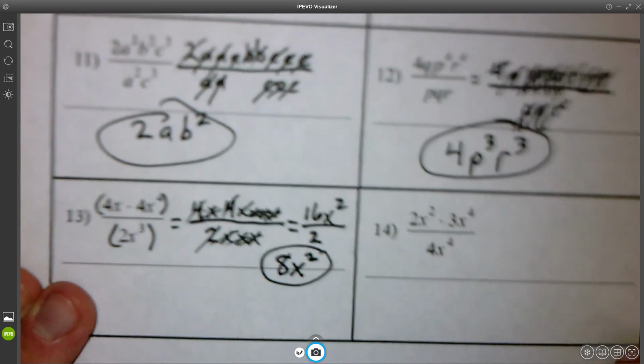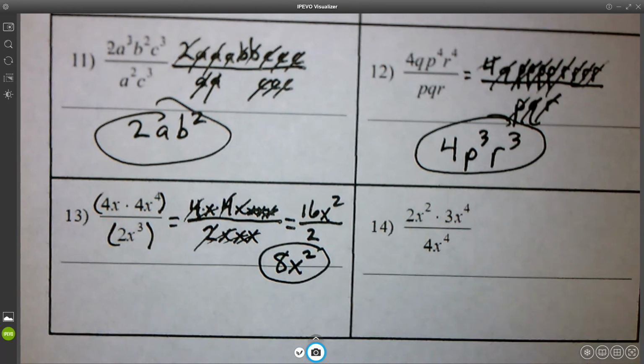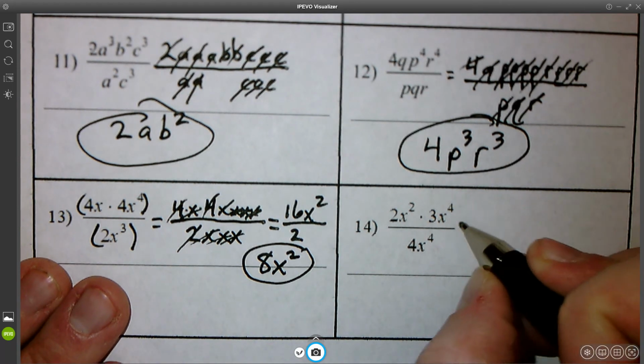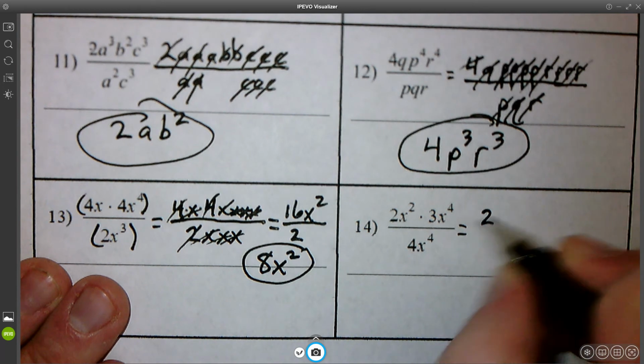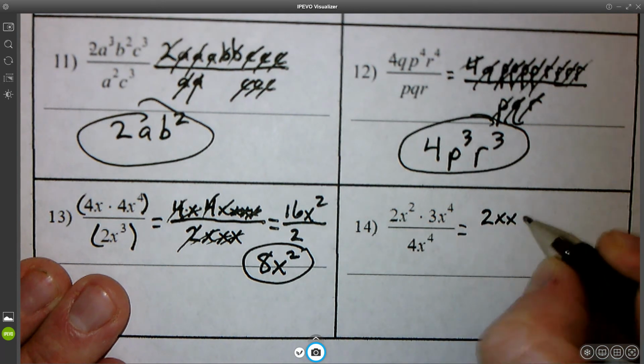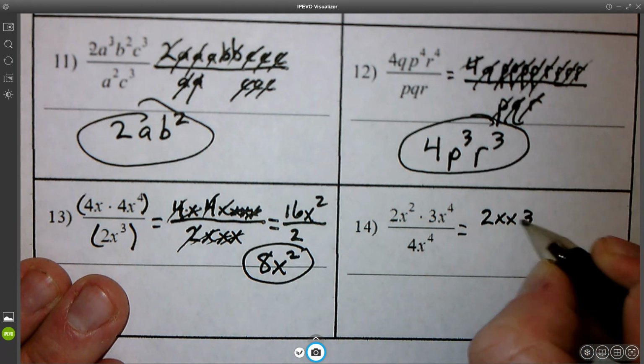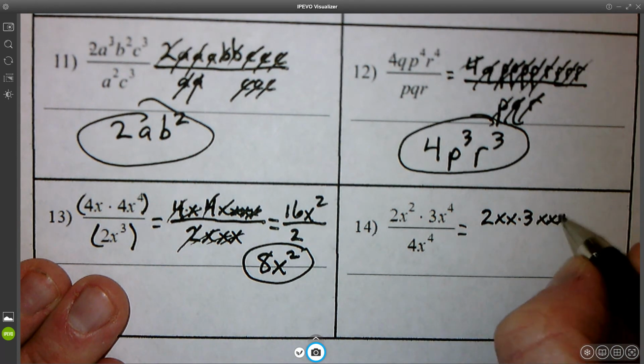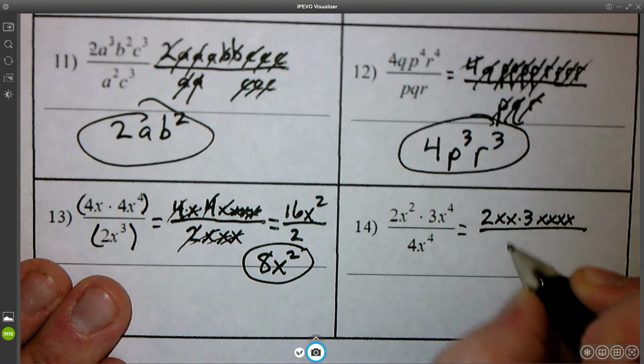Number 14, again, going to be somewhat similar. Going to be a little bit messier this time. So, again, we're going to write it out. 2, and then we've got 2 x's and a 3 and 4 more x's, 1, 2, 3, 4, divided by 4.